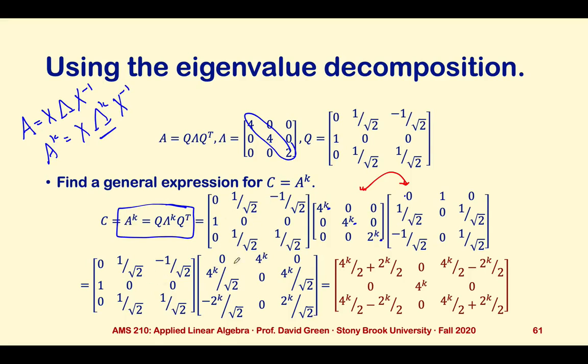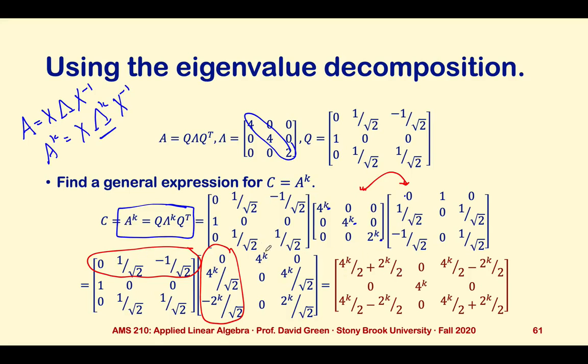Then carry on with the matrix multiplication using standard forms. First row multiplied by the first column: 0 plus 4 to the k over 2, minus 1 over root 2 times negative 2 to the k over root 2, which is plus 2 to the k over 2. And so that's our first entry.